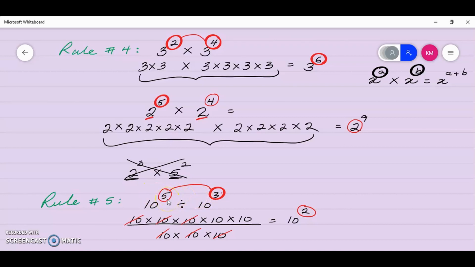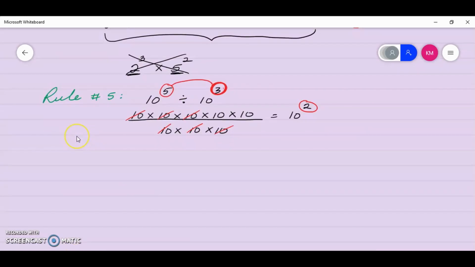So let's see now if this is going to apply in another question like it. So let's say we have 8 to the power 9 divided by 8 to the power 2. So we know 8 to the power 9 is 8 multiplied by itself 9 times.